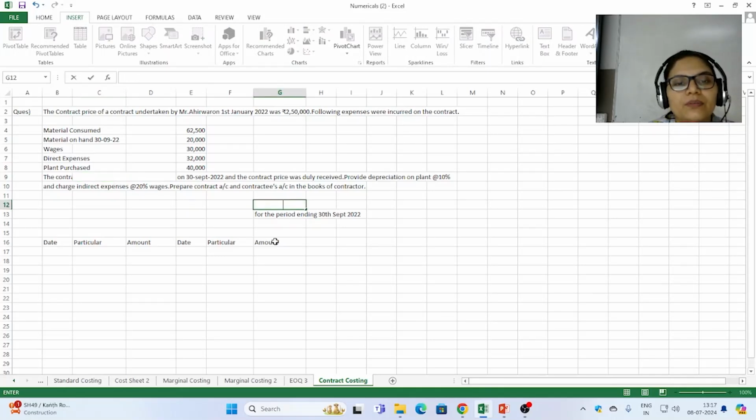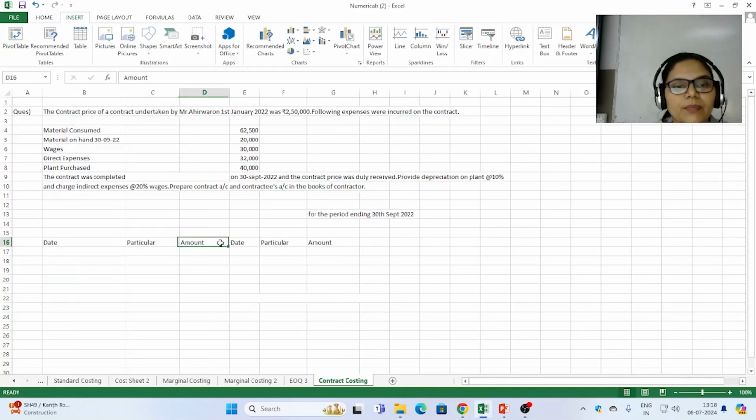Now, contract account. First of all, date, particulars, amount, date, particulars, amount. This is your debit side and this is your credit side.